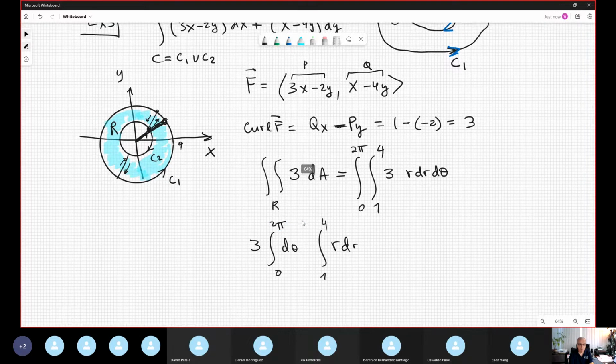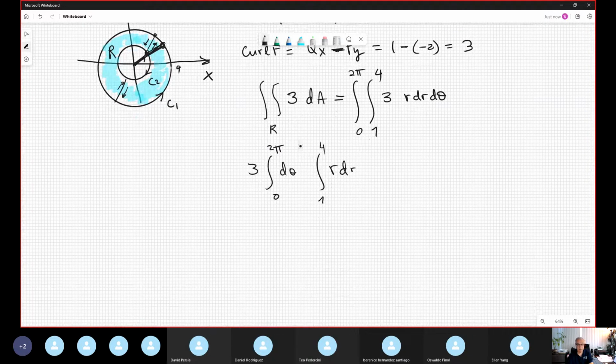Now this is 2 pi. This is 3. This is 2 pi, obviously, no? And this is r squared divided by 2, evaluating between 1 and 4. So 4 squared is 16, divided by 2 is 8.